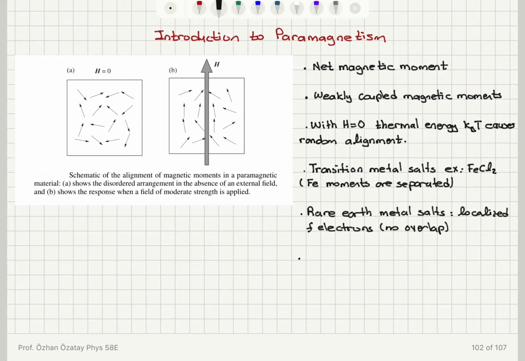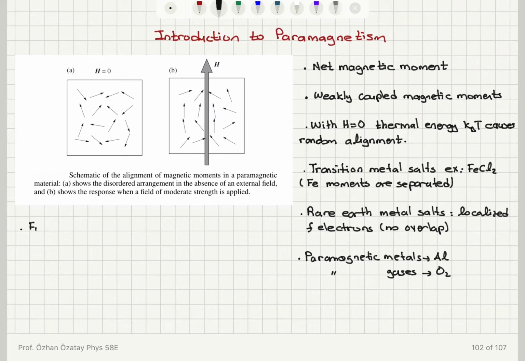Elemental examples, paramagnetic metals, we have aluminum, a good example. Paramagnetic gases, we have oxygen, a good example. And furthermore, we know that all ferromagnets become paramagnetic above the Curie temperature.